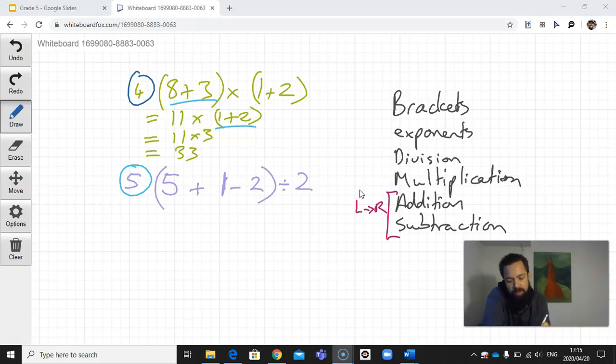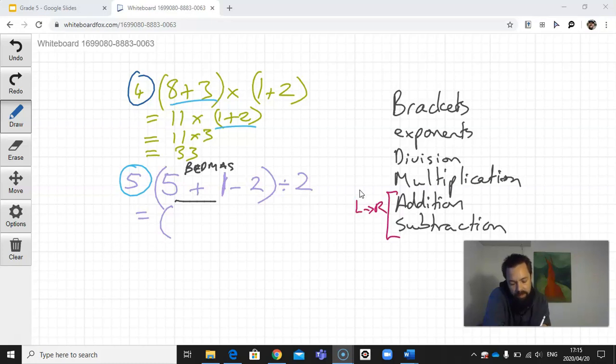Well, it's almost like we do a mini BEDMAS inside the bracket. So if we only had plus and minus and there were no brackets, we would start with that. So in fact, that's what we're going to do. We're going to do the BEDMAS inside the brackets and then the BEDMAS outside of the brackets.